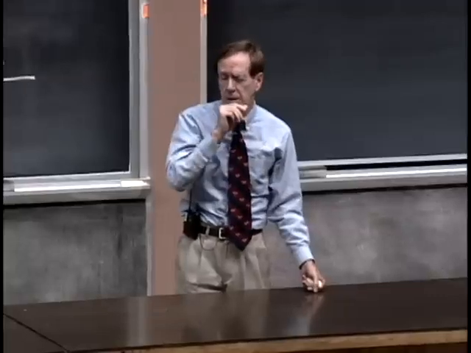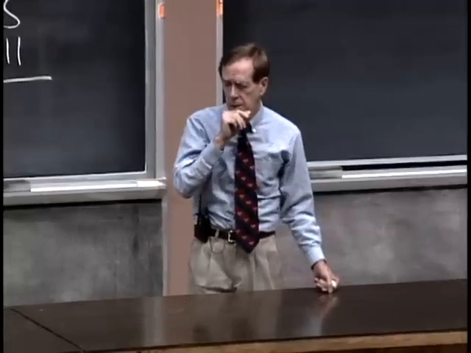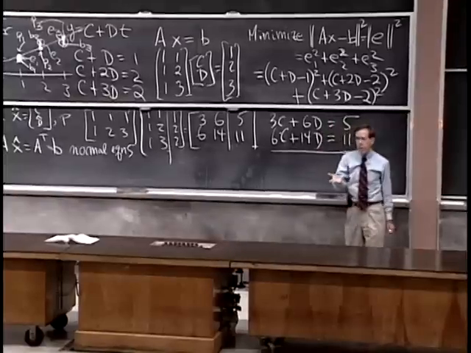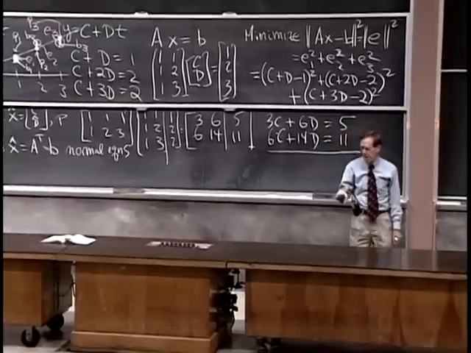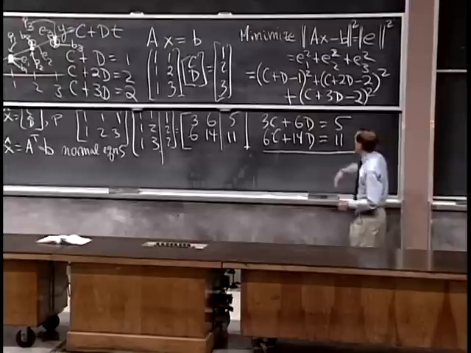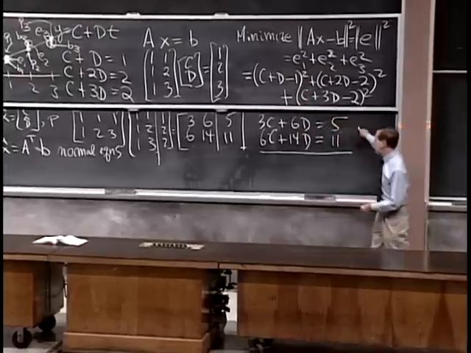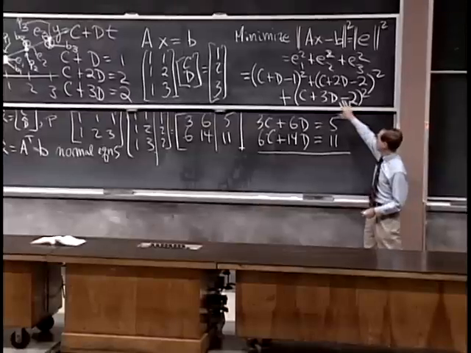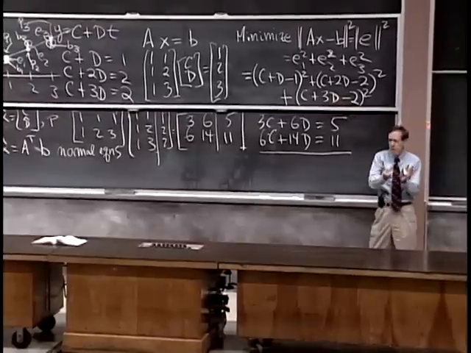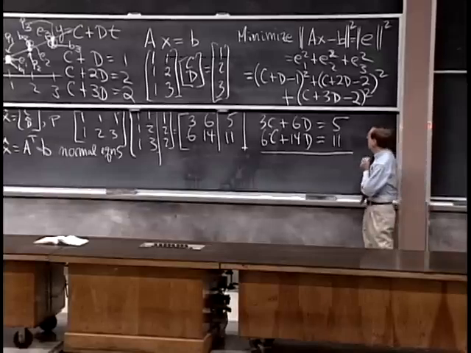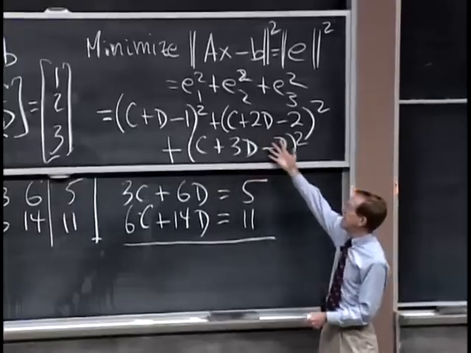So how do we find it directly from calculus? We take partial derivatives, right? We've got two variables, C and D. So take the partial derivative with respect to C and set it to 0, and you'll get that equation. Take the partial derivative with respect to D.